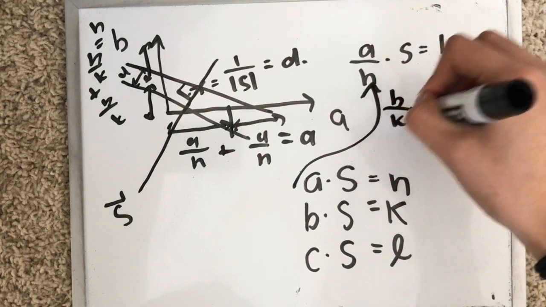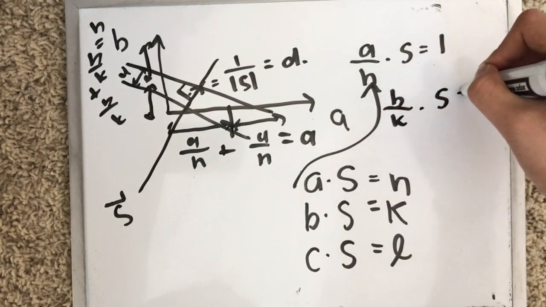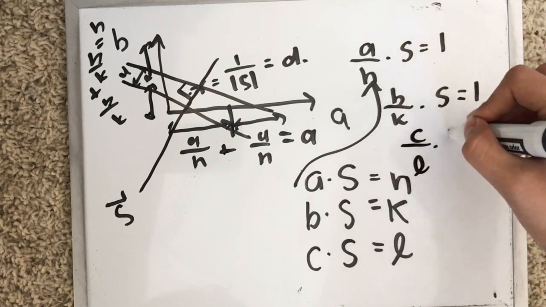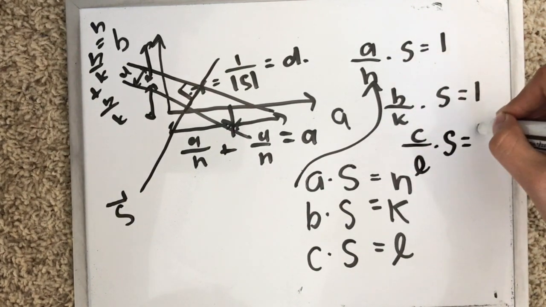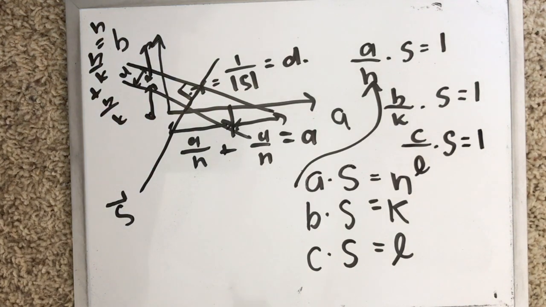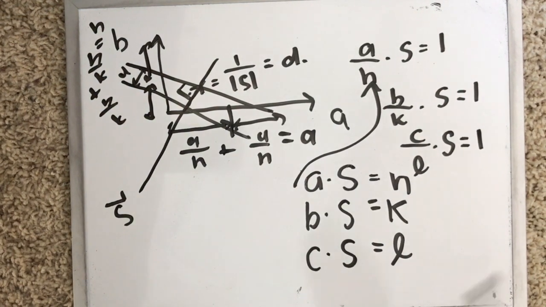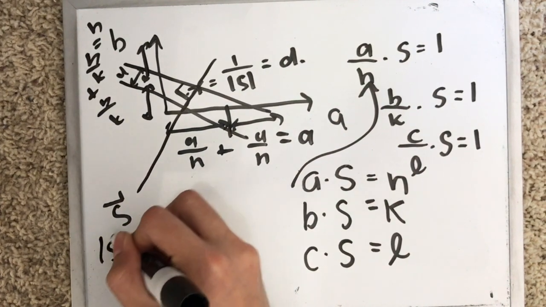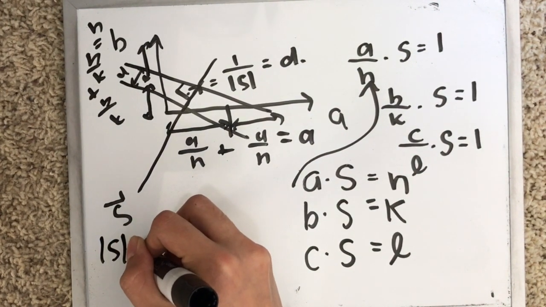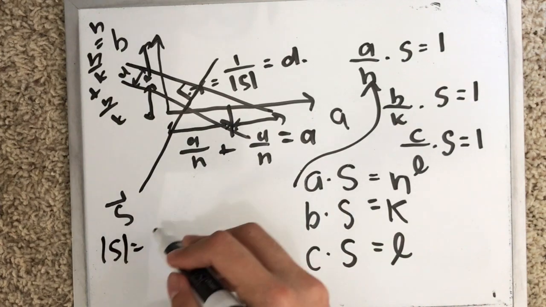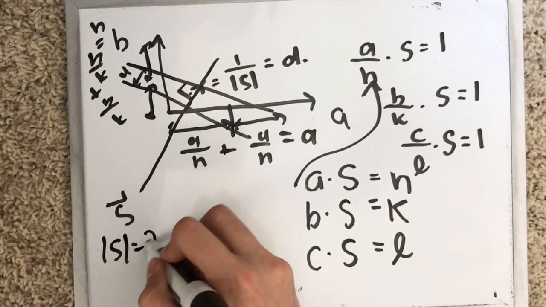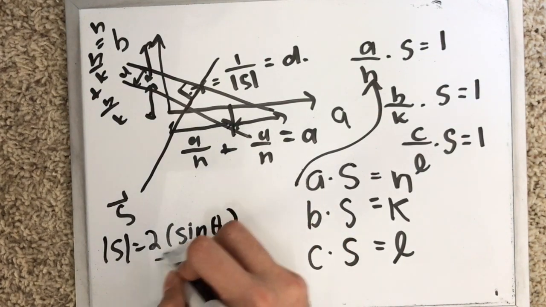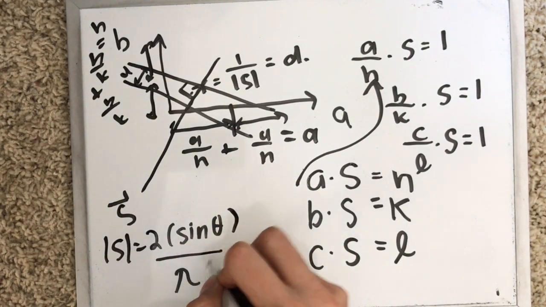B over K dot S equals 1, and C over L dot S equals 1. We also know from proof that the magnitude of your scattering vector equals 2 times sine of theta over lambda.